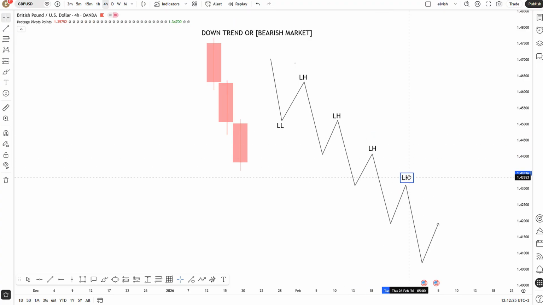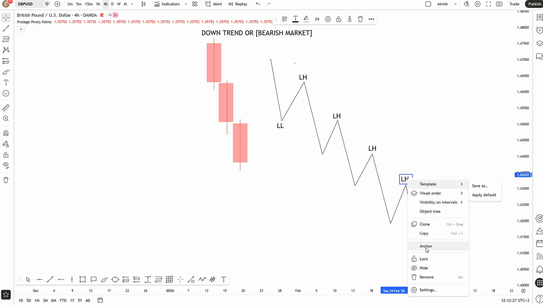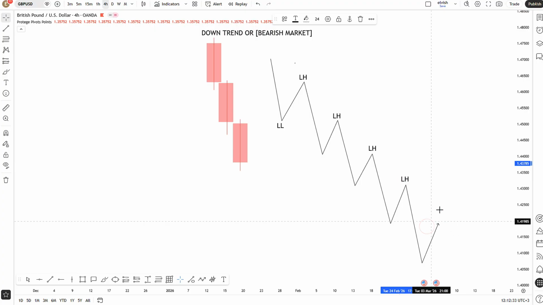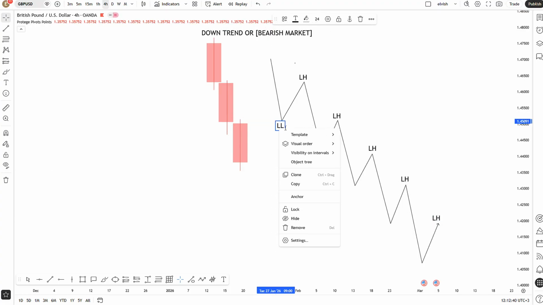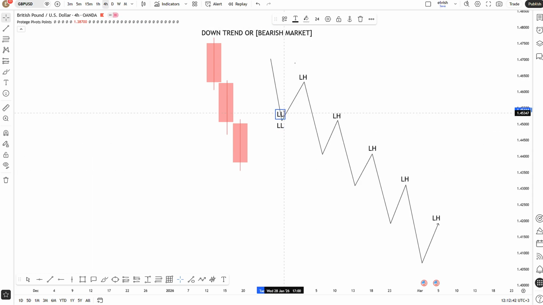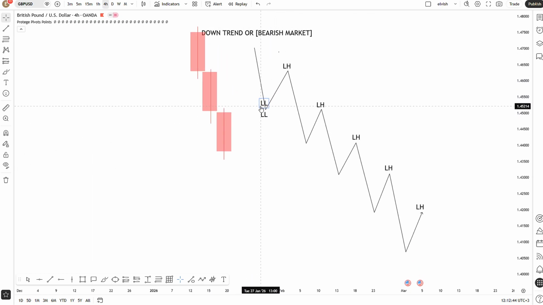So let me clone them. Let me clone it to this level over here. The same applies to this over here, okay? So let me clone it and then bring it here.